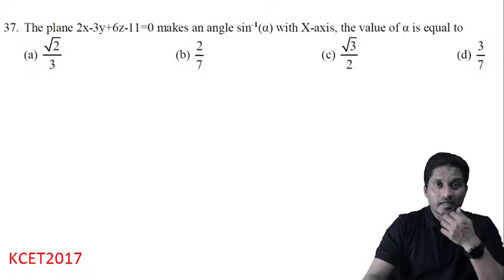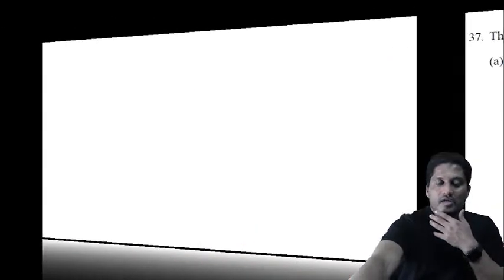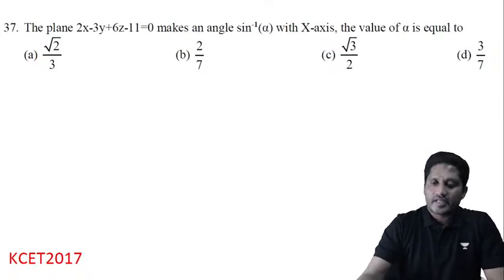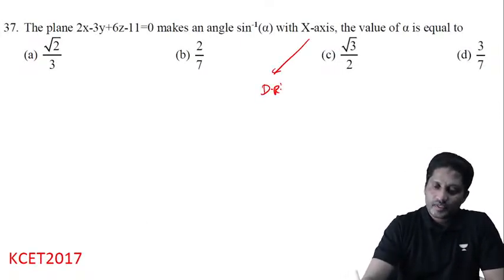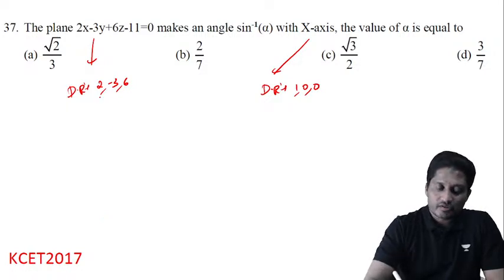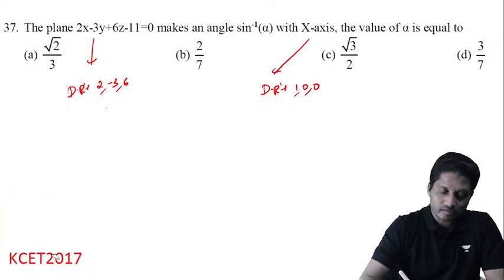The plane makes an angle sine inverse of alpha with x-axis. What should be the value of alpha? Now if I use the angle between the line and the plane, the direction ratios of x-axis are 1, 0, 0, right? And direction ratios normal to the plane are 2, minus 3 and 6. So this is a1, b1, c1 and this is a2, b2, c2.